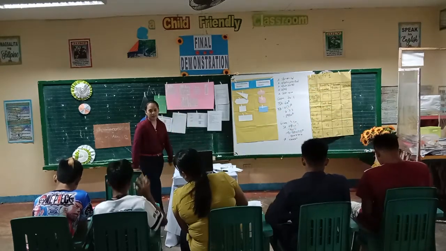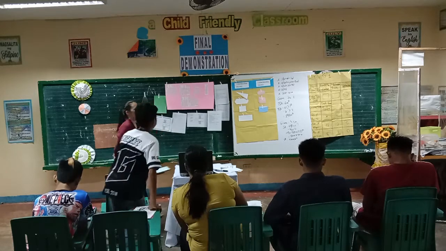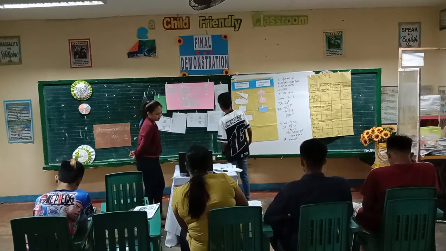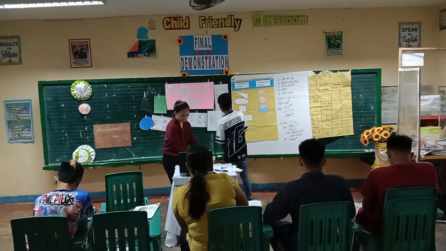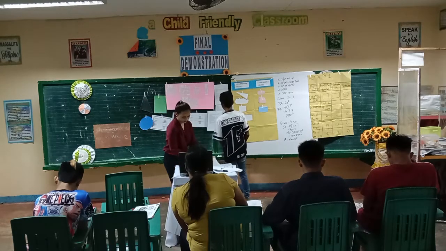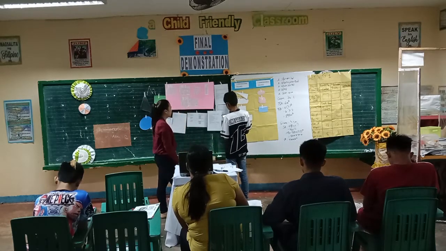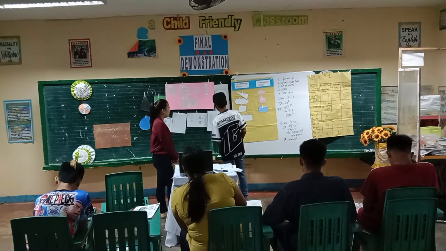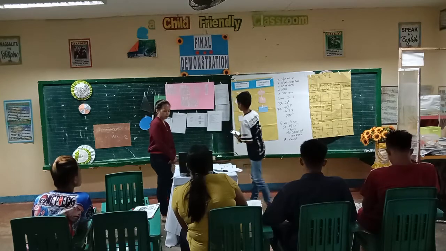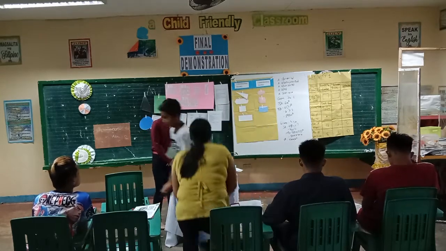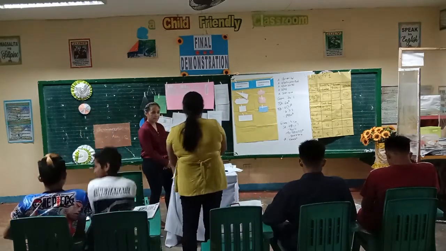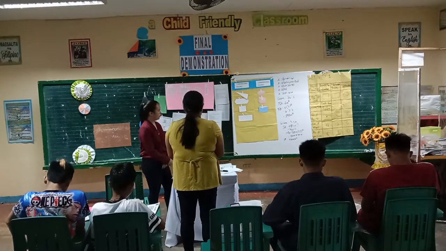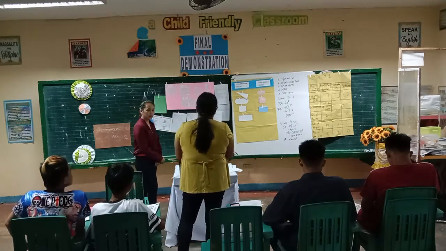Number 3, who else? A spatial figure having a circular base and one vertex. You answer. Number 4. A spatial figure which is perfectly round and symmetrical solid figure with no edge and vertex. Triangular prism, ma'am.